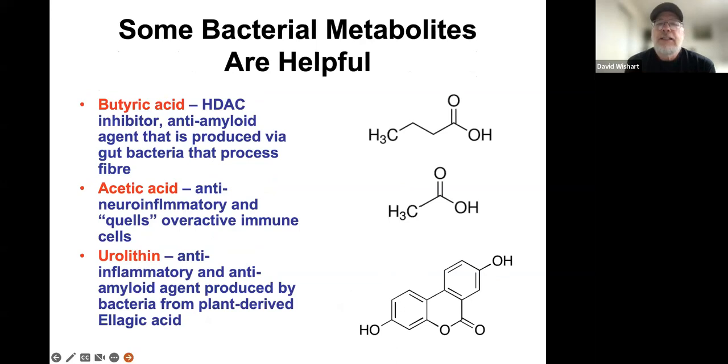There are other things which come from the fiber in our diet. And again, it's the microbes that convert essentially indigestible fiber into helpful organic acids like butyric acid, which is a remarkable anti-amyloid, HDAC inhibitor. Acetic acid also is anti-inflammatory. And there are other metabolites that come from ellagic acid, which also exhibit anti-neuroinflammatory effects.